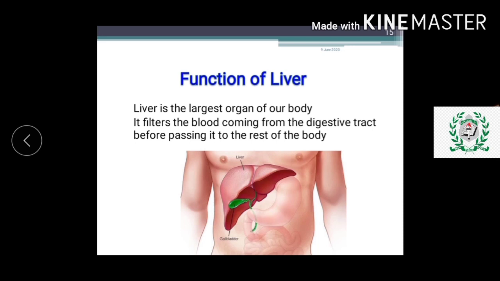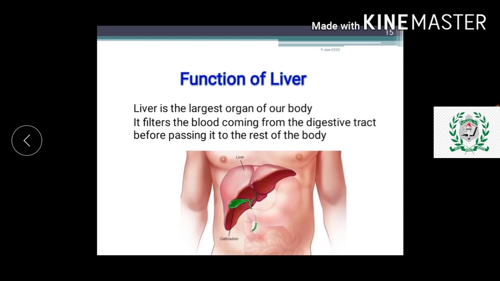Liver is a reddish brown colored organ. It is located under the rib cage towards the right upper corner of your stomach. Okay, your stomach is here. The liver is just present to your right upper corner. The main function of liver is to clean the blood.